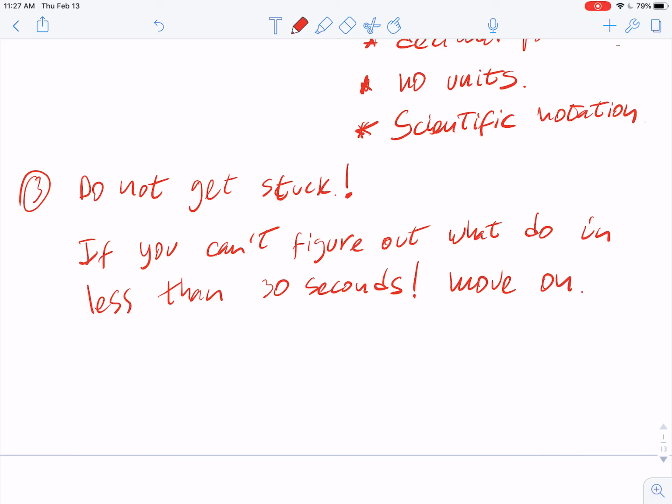But if you don't have time, you are just missing one point. Do not struggle more than necessary on a single question, because I can guarantee you that down the road, toward the last questions in the exam, there might be some that are easier than the one you are getting stuck on. So try to guarantee the easy points first, and that is if you move on quickly.